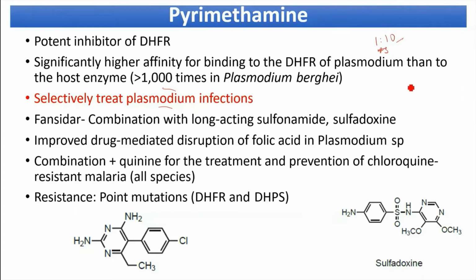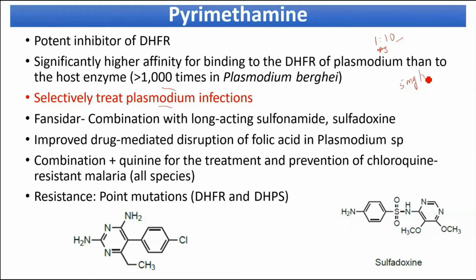Vice versa, if I tell you that at a concentration of 5 milligram per ml, the drug is inhibiting the malarial parasite, but for human it is inhibiting at 10 mg per ml, which means hardly any difference, and thereby selectivity is very less. And when I say selectivity is very less, if the DHFR in human is also inhibited, you are trying to treat the patient for malaria, but you will kill the patient by causing unwanted toxicity to the cell.